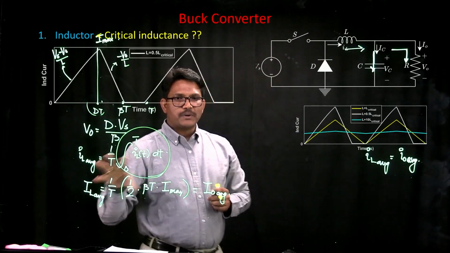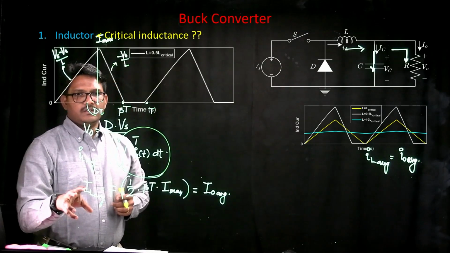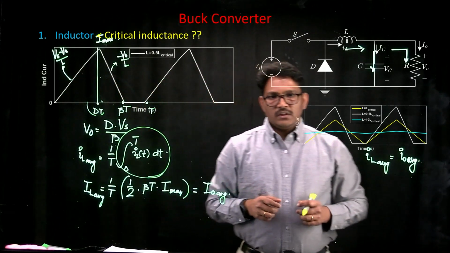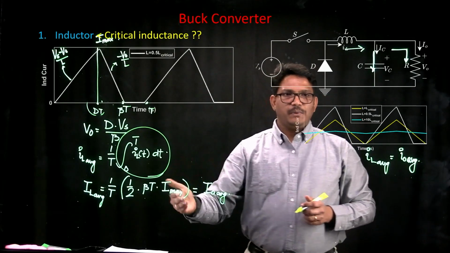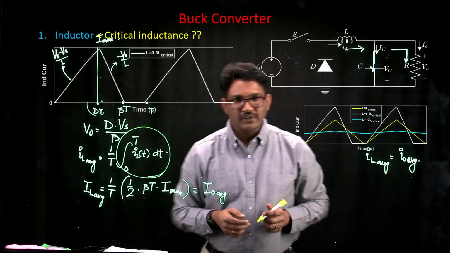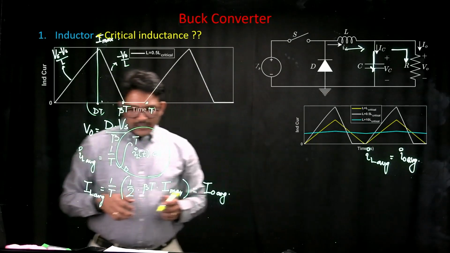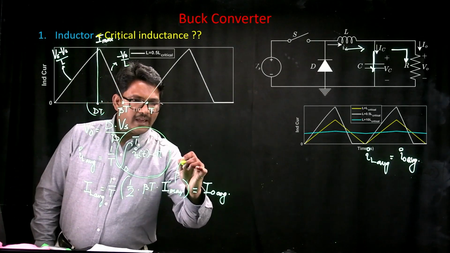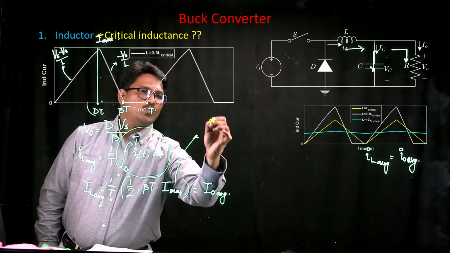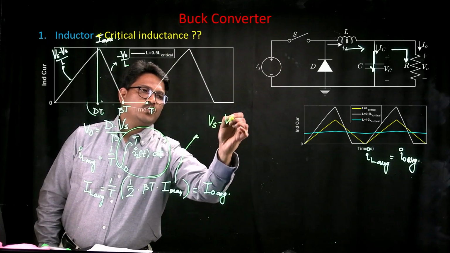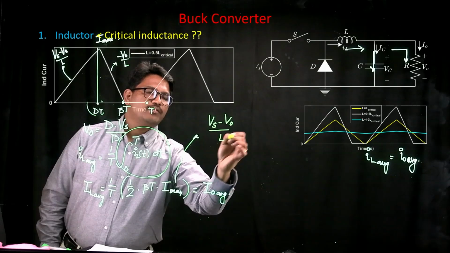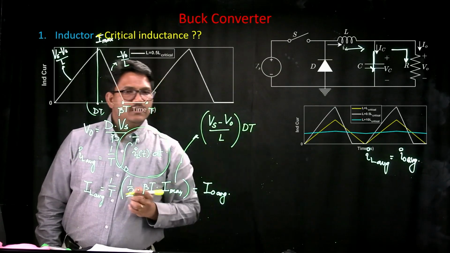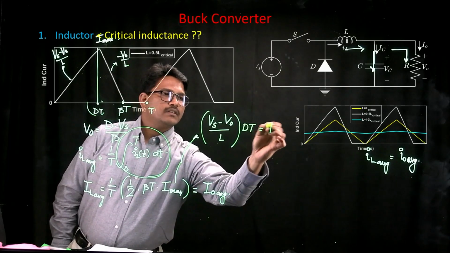Now from this expression of the average current through the inductor, which is exactly the same as I naught average, if you substitute the maximum current expression that we got in the previous cases, then we'll be able to get the value of beta. Value of I max can be expressed as Vs minus V naught upon the value of inductance multiplied by dT. This is the expression for the maximum current.